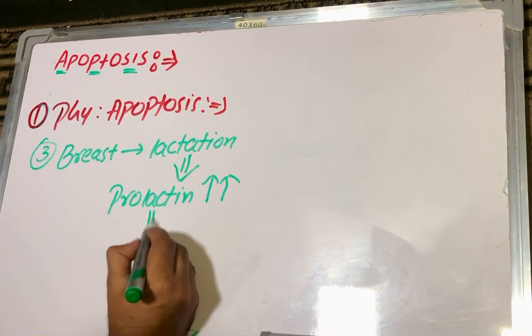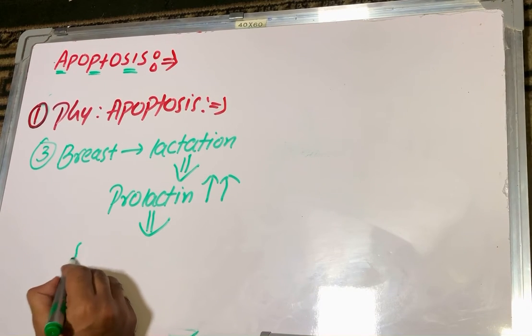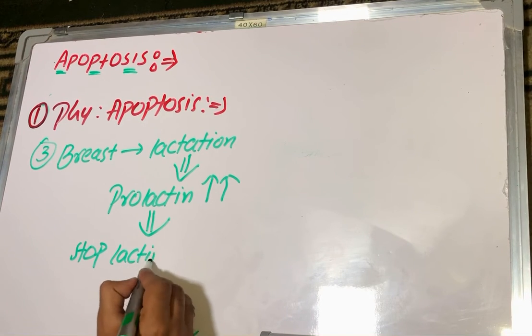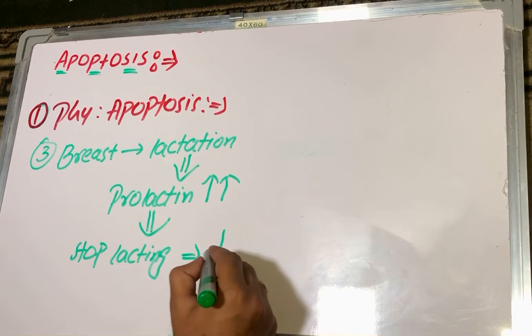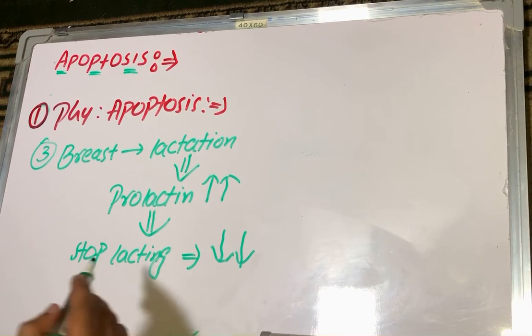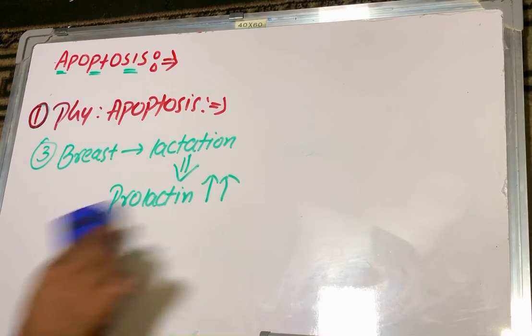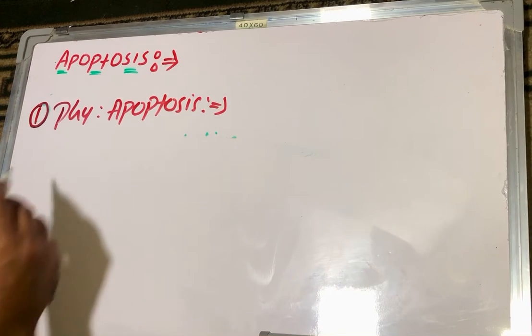But when women stop lactating, the level of prolactin decreases. So the cells that are dependent on prolactin hormone during lactation undergo apoptosis.